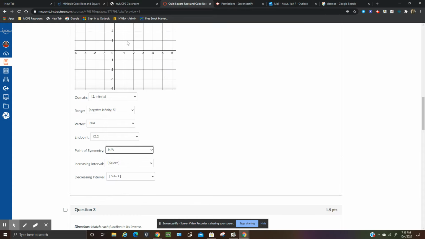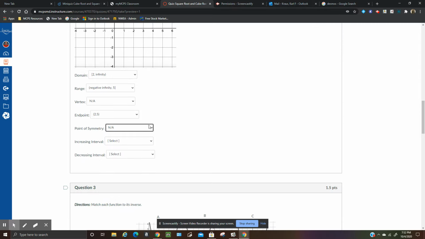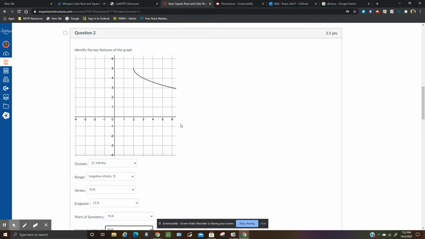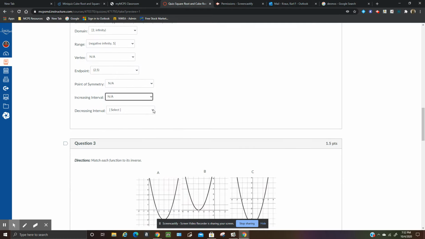This is never increasing, so NA for increasing. And then it's decreasing from 2 to infinity. So that's this answer right here. In class, I wrote it with a square bracket. You could write it that way; I wouldn't mark that wrong.